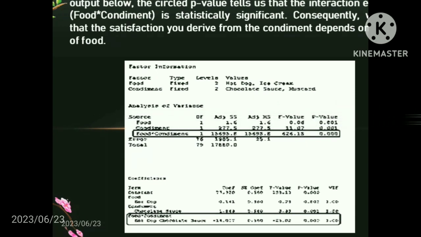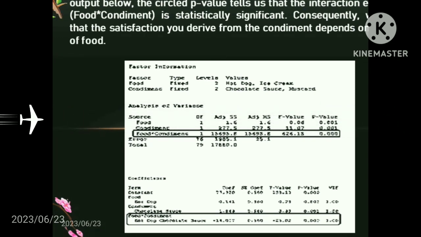So we have the term. Our terms are constant, food, that is hot dog, and condiment, that is chocolate sauce, and our relationship between the food and condiment, these are the hot dog and chocolate sauce. So in our constant, the coefficient is 77.320. Our standard error of coefficient is 0.560. Our T value is 138.13.